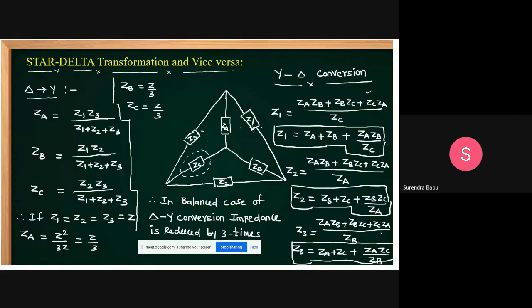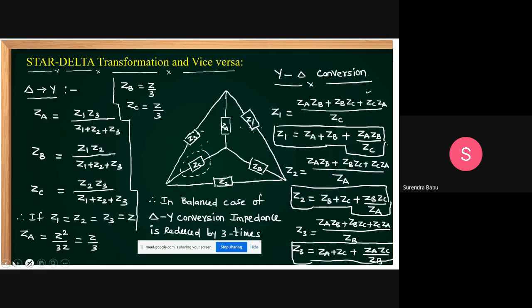Now, what is the observation? In star to delta transformation, if ZA equal to ZB equal to ZC equal to Z, then Z1 equal to Z2 equal to Z3 equal to what, students?